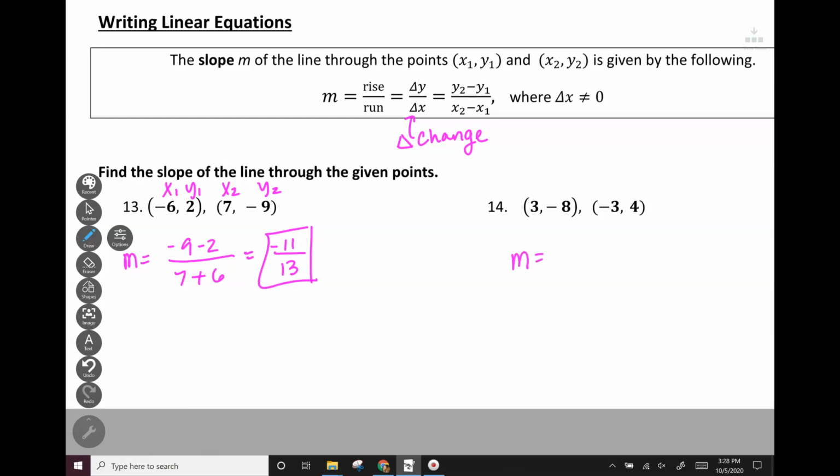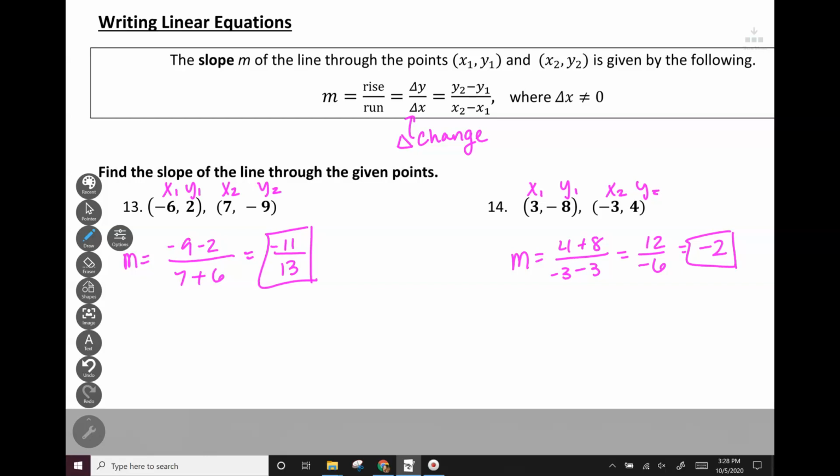Do it on your own if you are ready. I'm sure you are. Okay, so 4 minus -8, -3 minus 3. 12 over -6, which is -2.